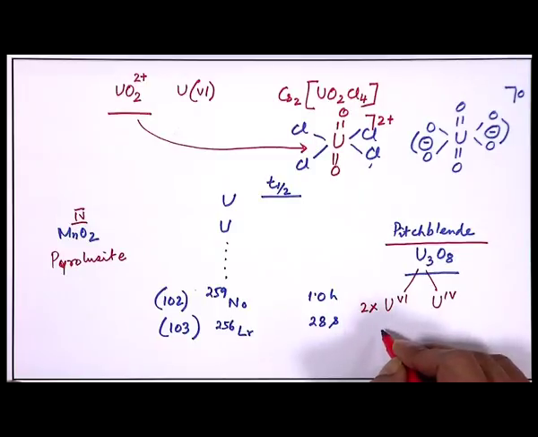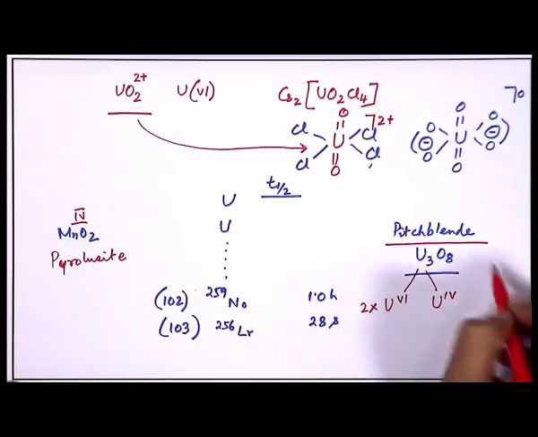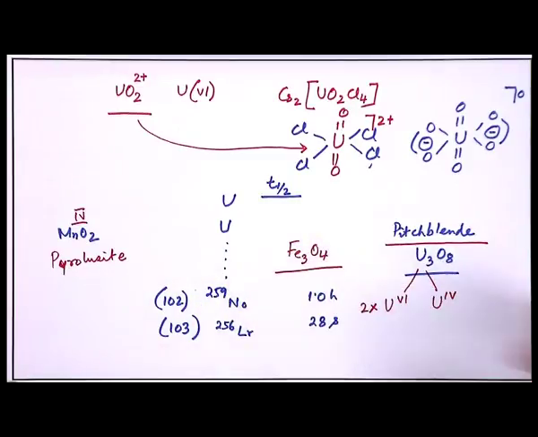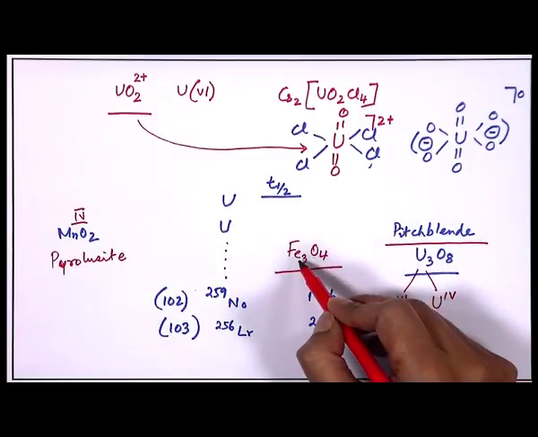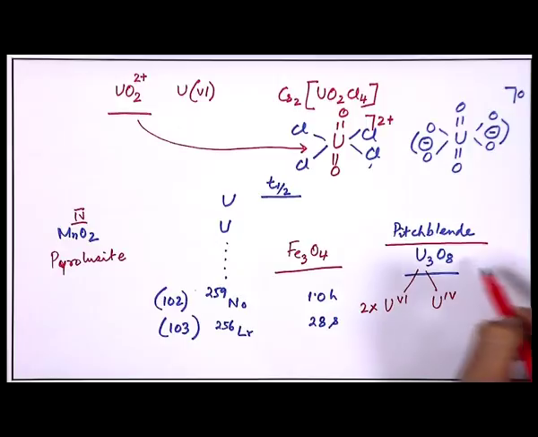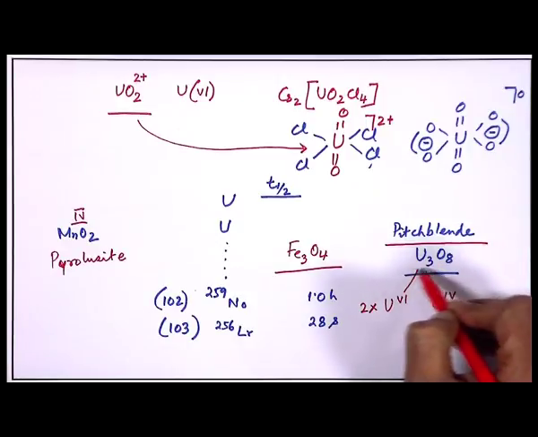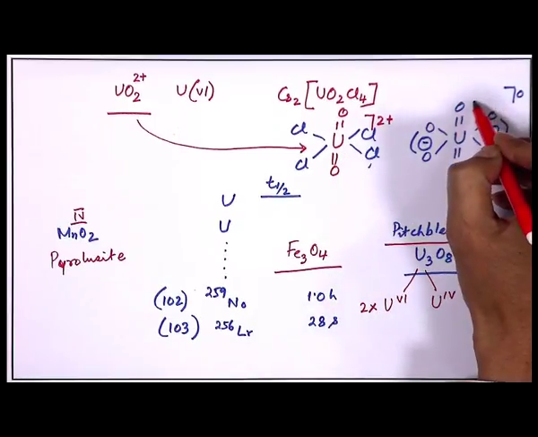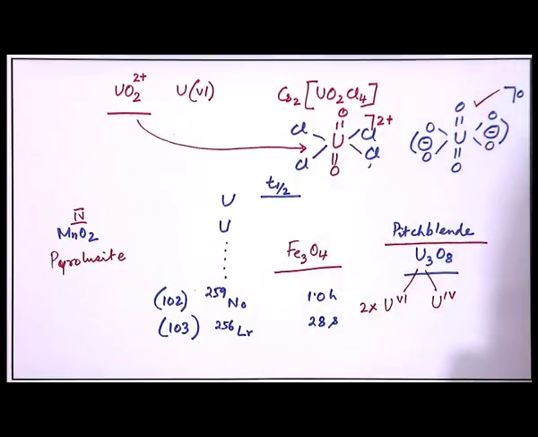So, they are non-stoichiometric, with mixed-valent oxidation states like our Fe3O4. We all know that magnetite has both iron(II) and iron(III). Similarly, U3O8 has both hexavalent and tetravalent uranium, and the hexavalent state has much more stability compared to the other species.